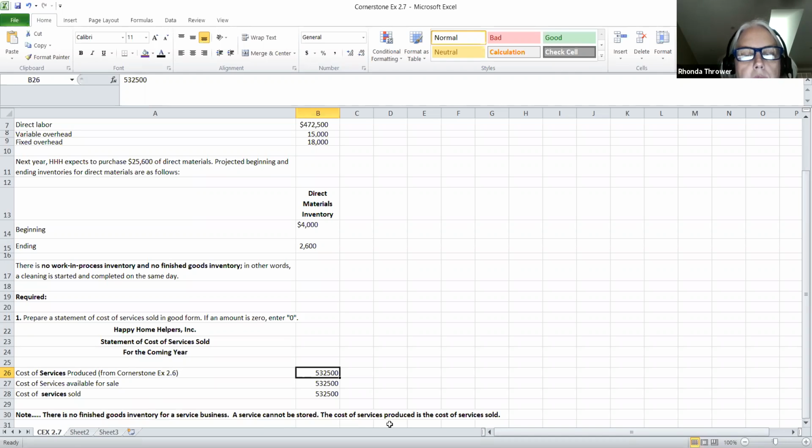So the cost of the services produced that we've already calculated from the previous exercise will be equal to the cost of services that would be available for sale and the cost of the services sold. And the reason for that is because there's no beginning or ending finished goods inventory that we would calculate in the services sold.